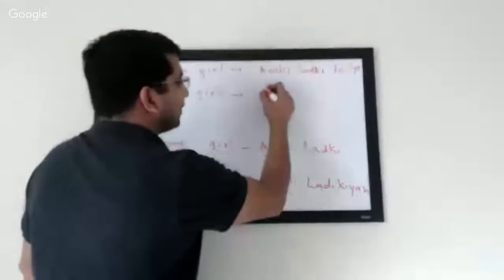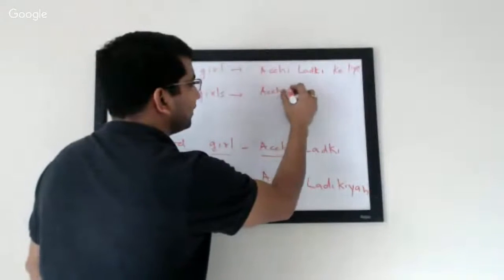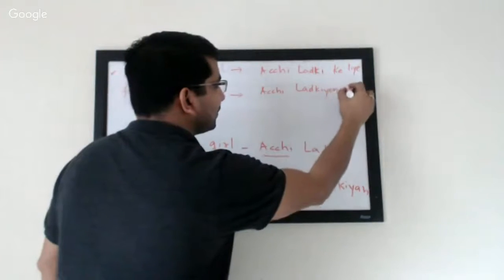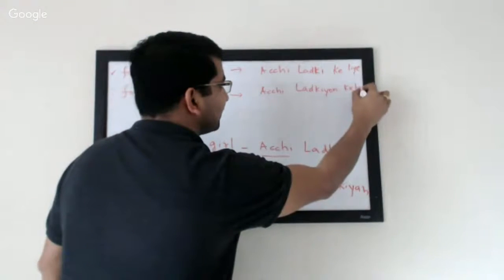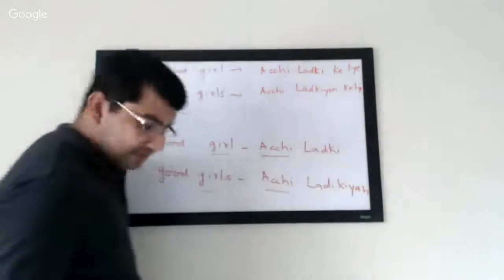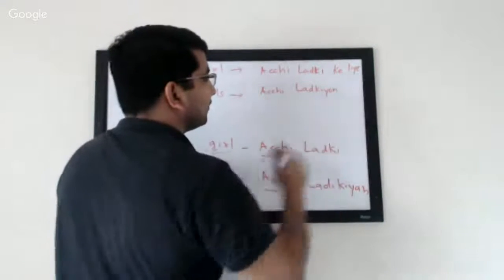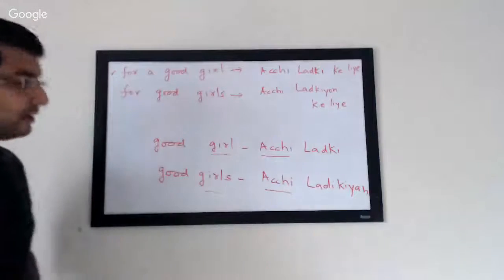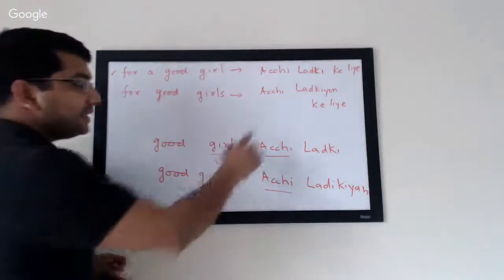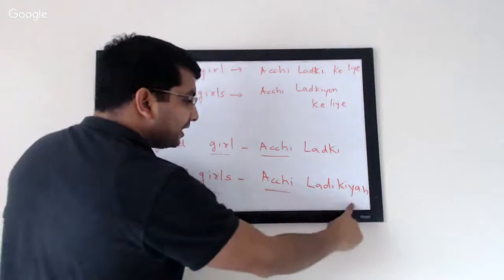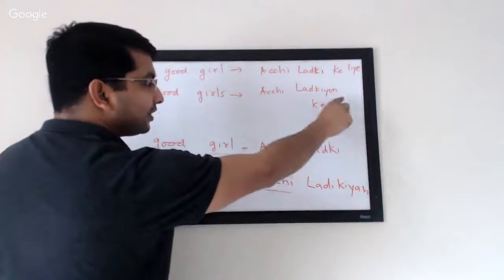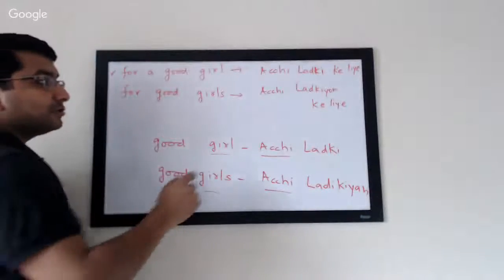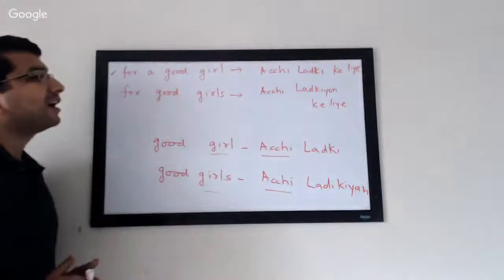So, यह phone अच्छी लड़कियों के लिए है. Right? As you can see, अच्छी remains अच्छी, लड़कियां, always the oblique case was लड़कियों, अलमारियों, right? अलमारियों में, right? So this अच्छी लड़कियों के लिए है, right?